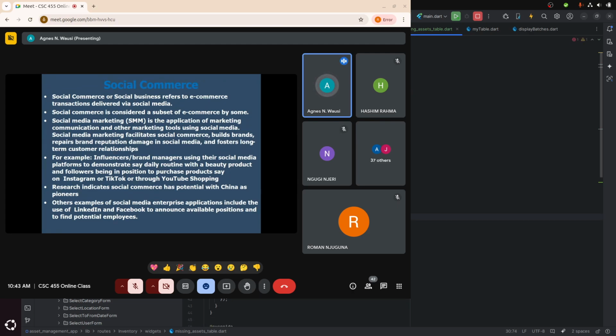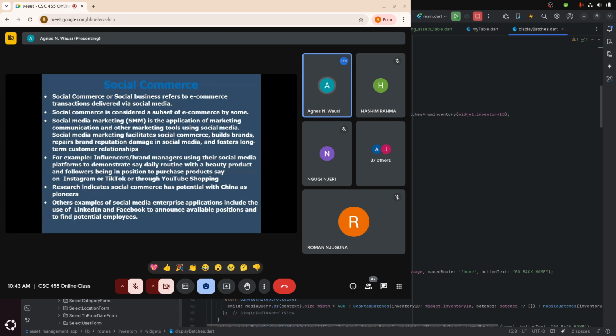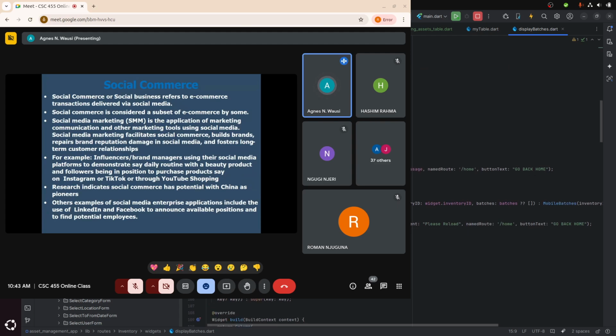Sometimes, even when your image has been destroyed in terms of services, we see the same social media being used to repair the reputation and the damage that has been caused. And so social media is becoming a big thing.